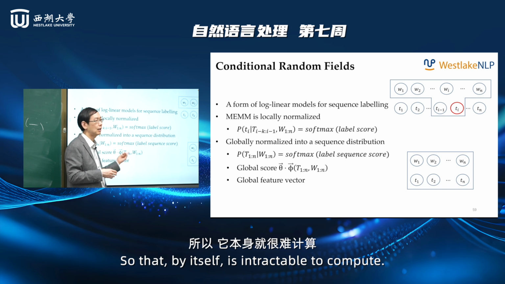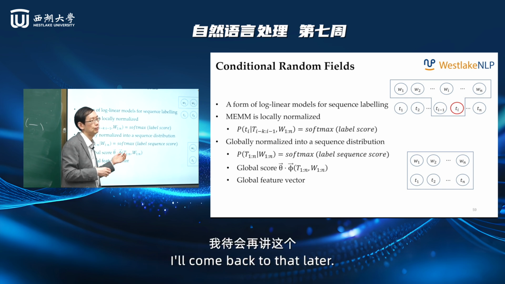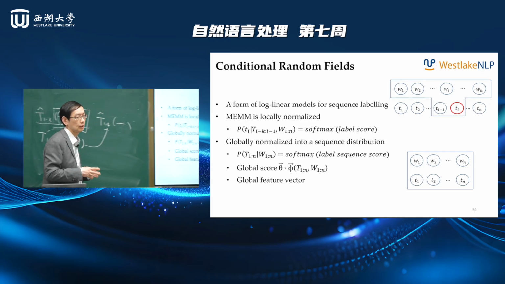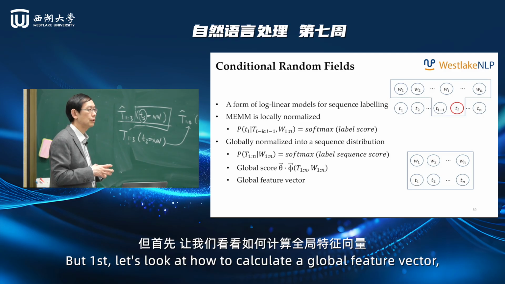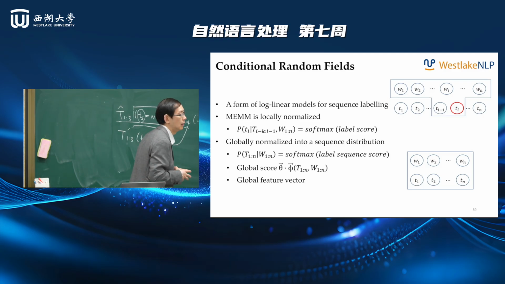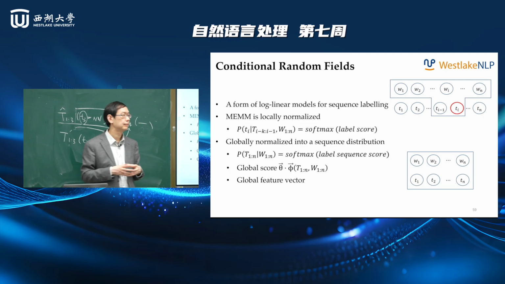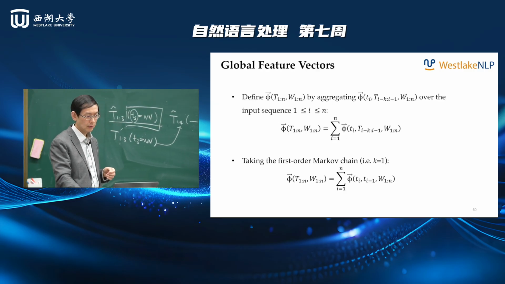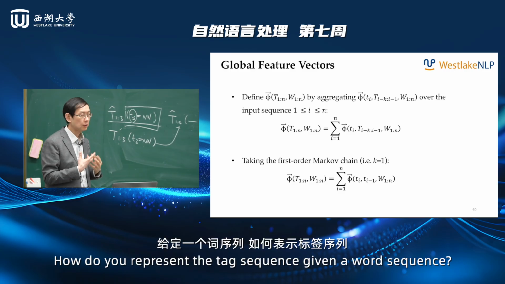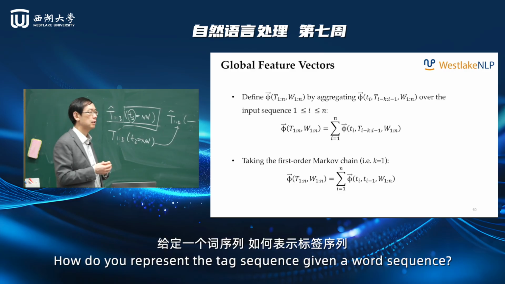So that by itself is intractable to compute. I'll come back to that later. But first, let's look at how to calculate a global feature vector and how to do decoding, okay? How do you represent the text sequence given a word sequence?